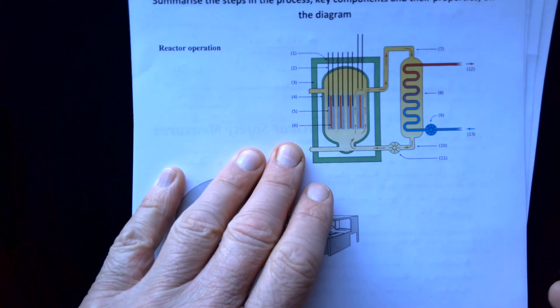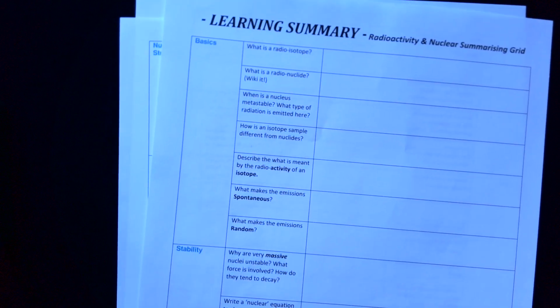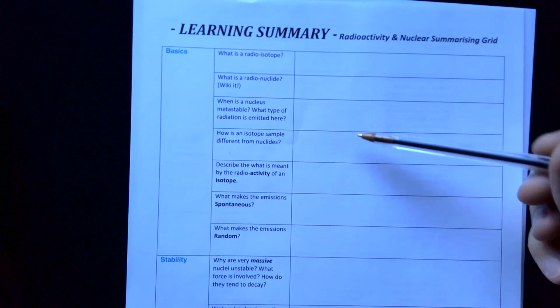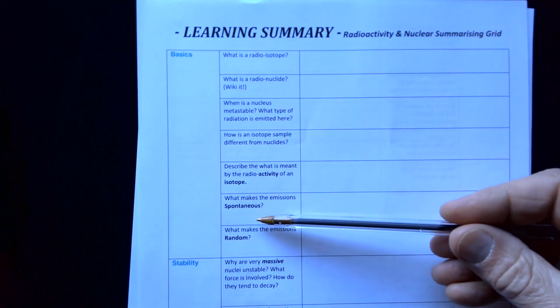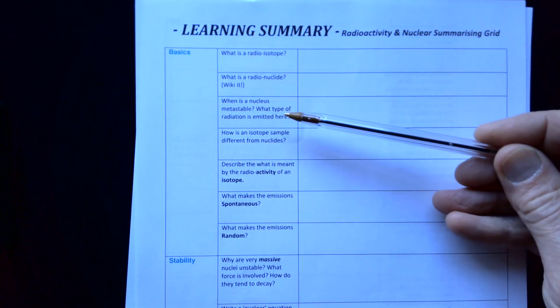But crucially, also at the back, and I'll give this out, make sure you get it, there's a really nice grid, three-sided, brings in everything that links stuff together. So the nucleus itself, what do we mean by radioactive ones? You might want to Wikipedia that one.